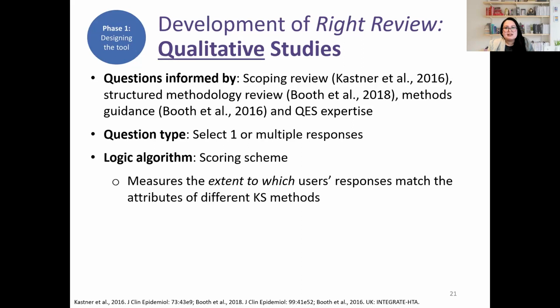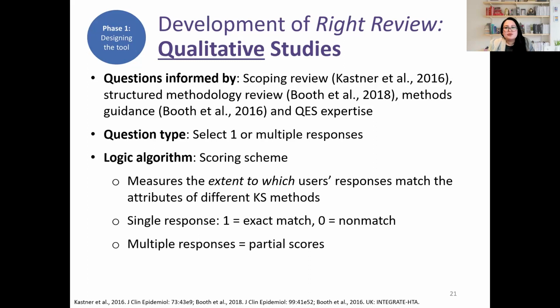And basically, the scoring scheme was designed to measure the extent to which users' responses match the attributes of different knowledge synthesis methods. So for single response questions, a score of 1 or 0 was assigned depending on whether or not it was an exact match or a non-match.